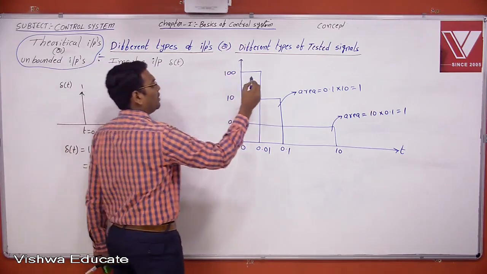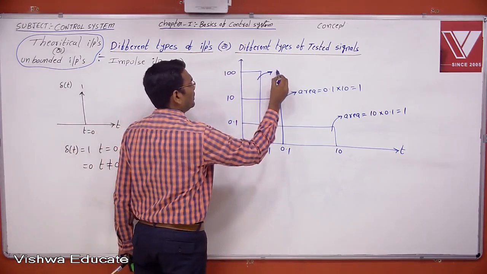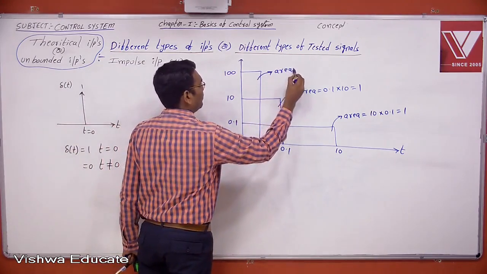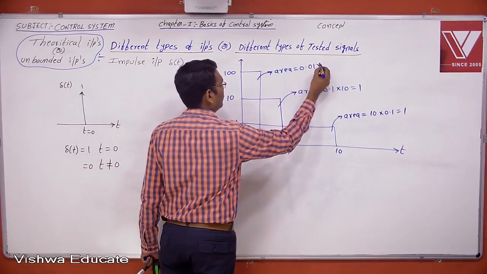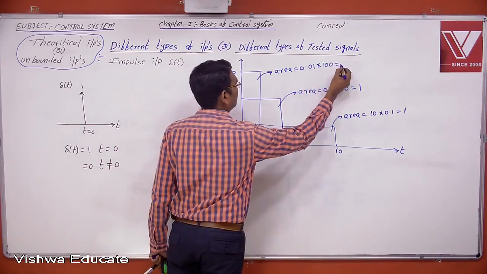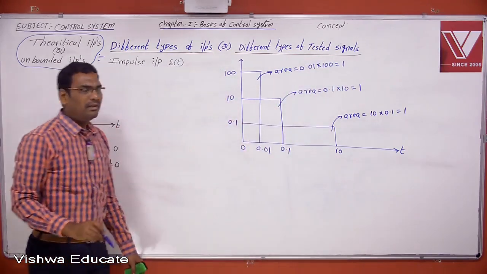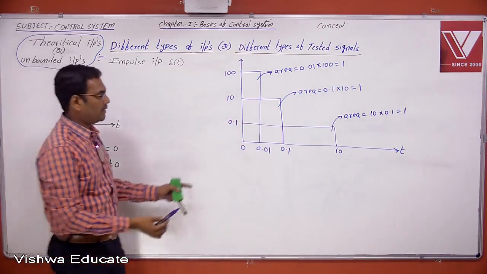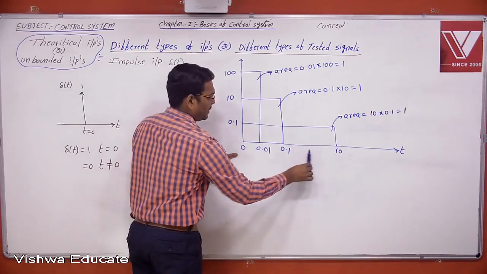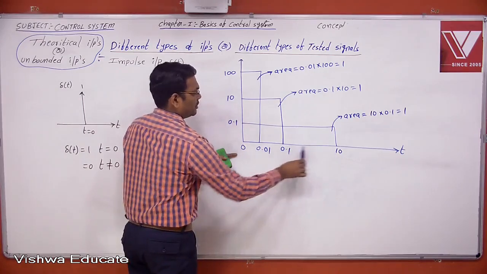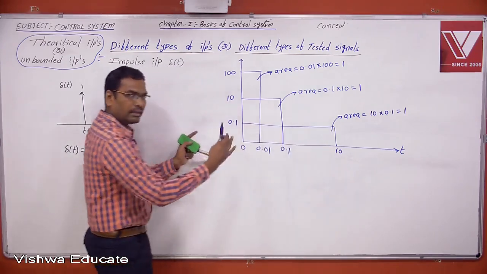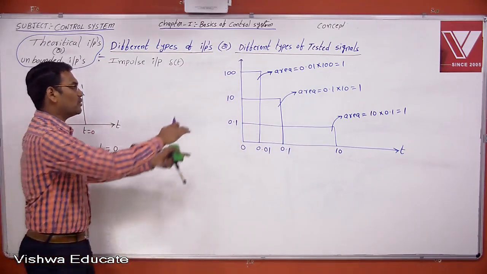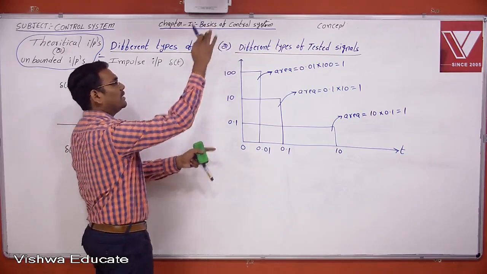The height or amplitude is increasing, and the area which you observed will be the same, equal to unity. Then what is your observation here? As this rectangular pulse width is reduced, the height or amplitude is increasing.